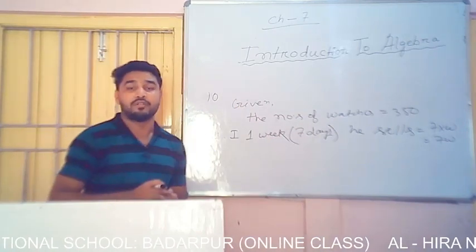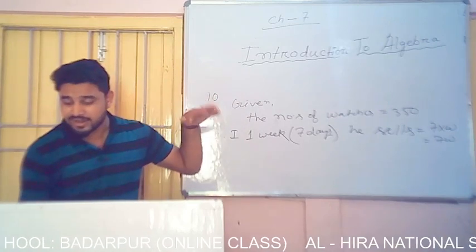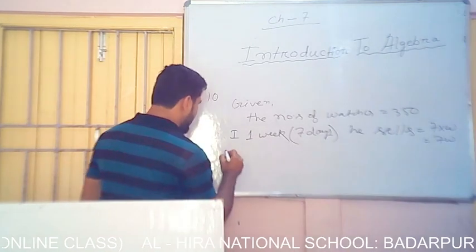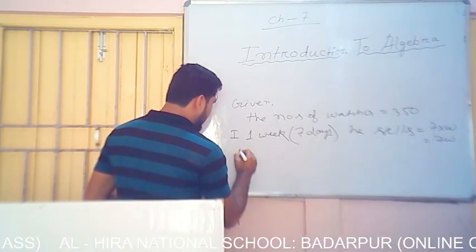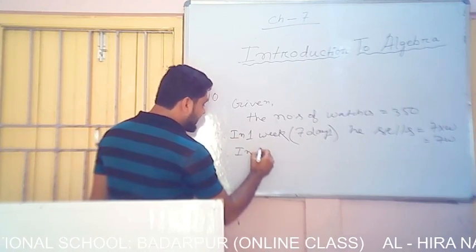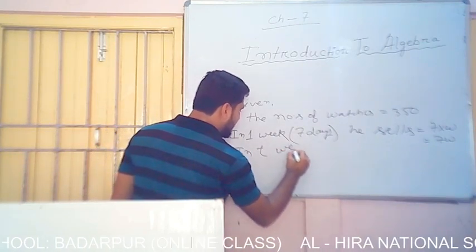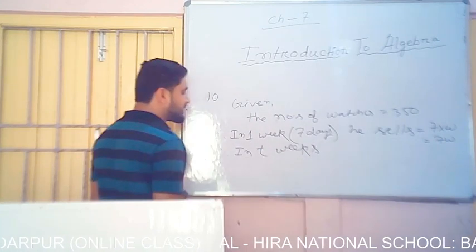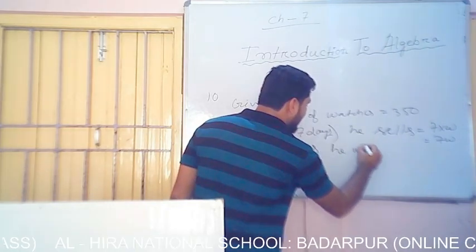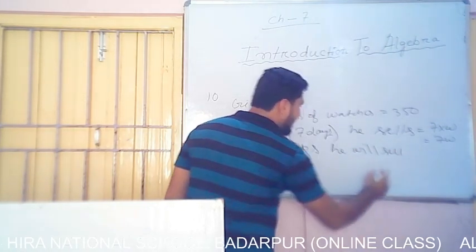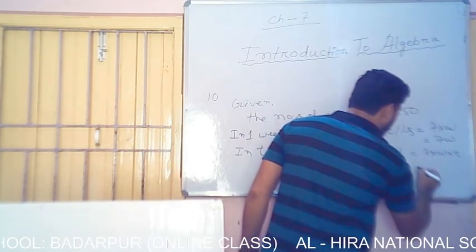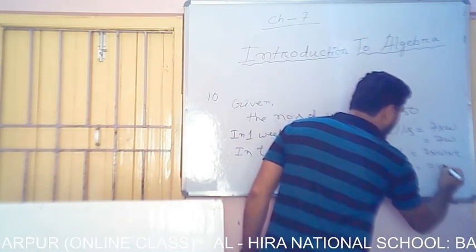Now we have to find how much he will sell in 2 weeks. So in T weeks he will sell 7 into W into T, that is 7WT.